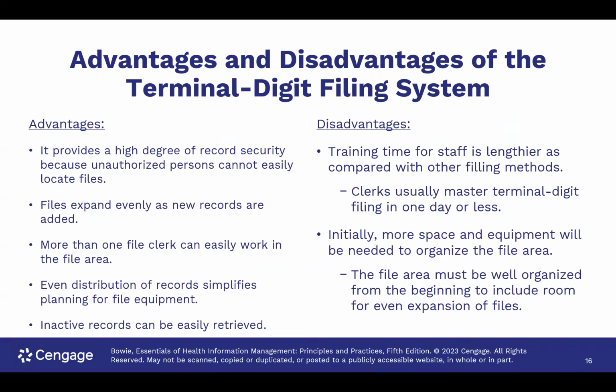So it's easier to plan for filing speed, space, what have you. And then lastly, the inactive records are very easy to retire without moving all the records as you would with consecutive numeric filing, right? Disadvantage, there's a little bit more training time and more space and equipment, and you have to be organized about it. But this was the most popular way of doing filing, the terminal digit.